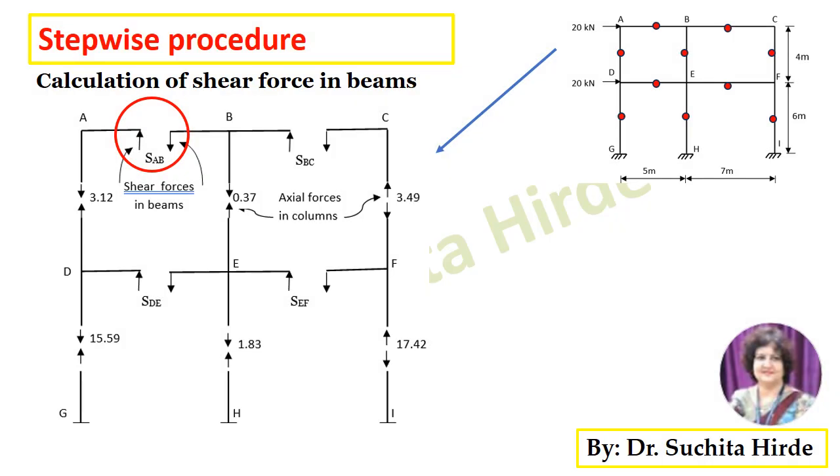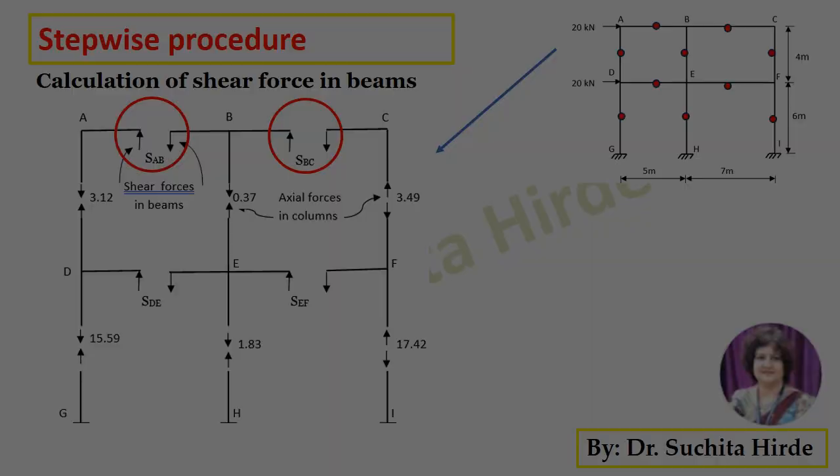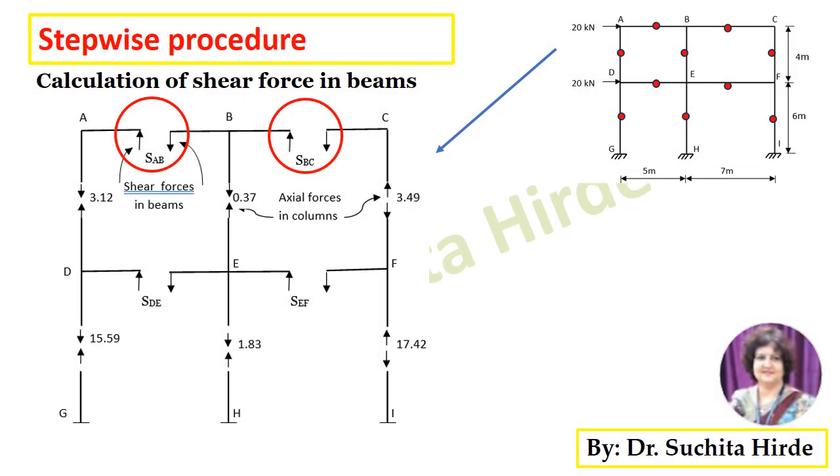Once you decide the direction of shear force on one beam, you have to show similar arrows for the other beams: SBC, that is shear force in beam BC, SDE, that is shear force in beam DE, and SEF, that is shear force in beam EF.